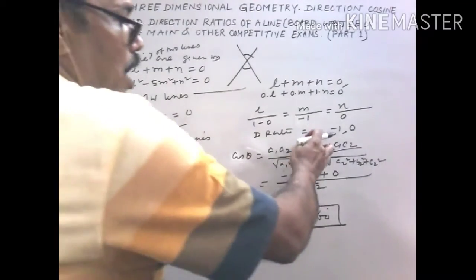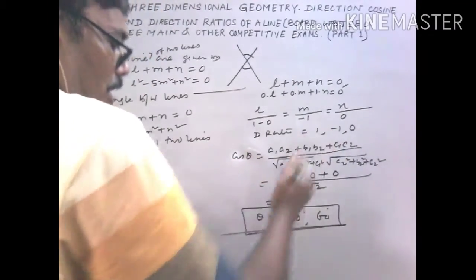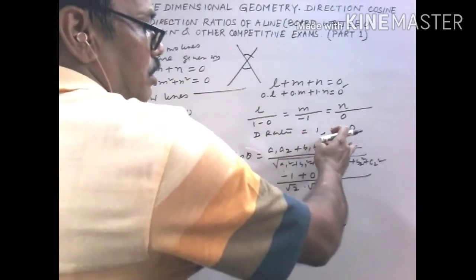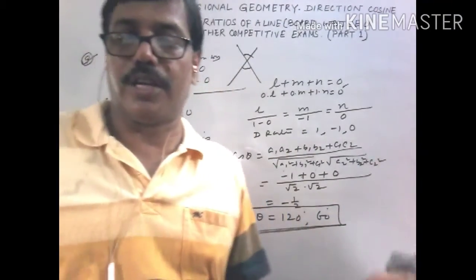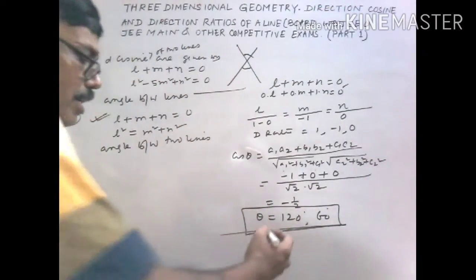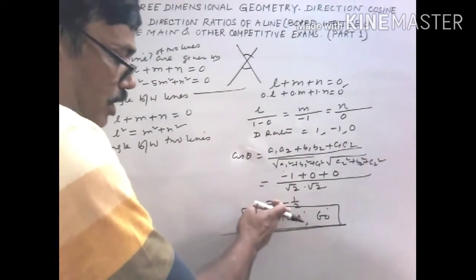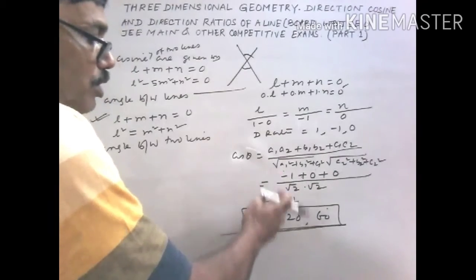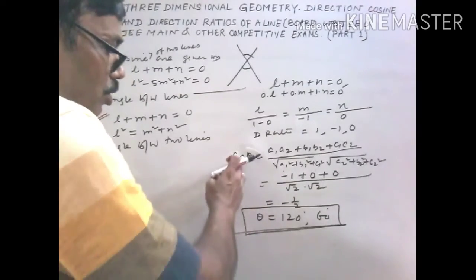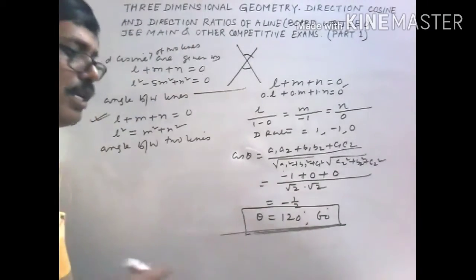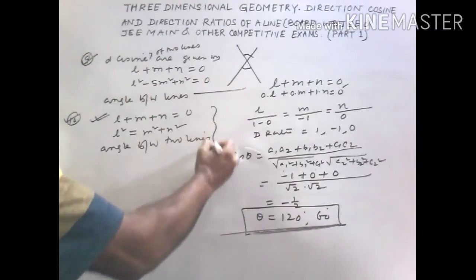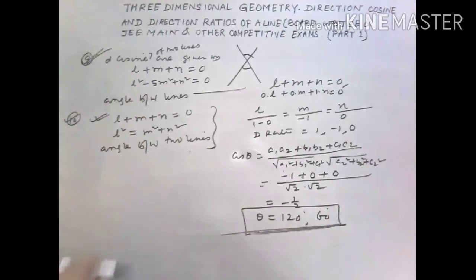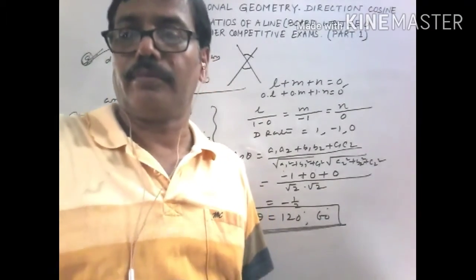So look here, 1, minus 1, 0, we can write it as minus 1, 1, 0 also. So we can multiply direction ratios by a constant. So it may be cos theta equals minus half or cos theta equals plus half also. So theta equals 60 degrees and 120 degrees. This is a problem of JEE Main. This is also a similar problem.